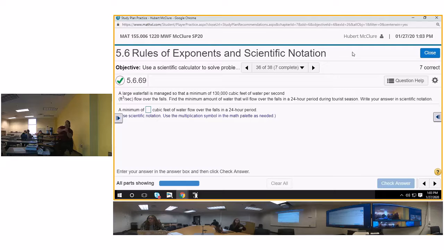That's a lot of water. Find the minimum amount of water that will flow over the falls in a 24-hour period.